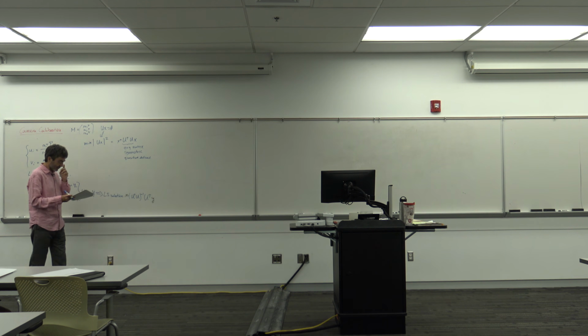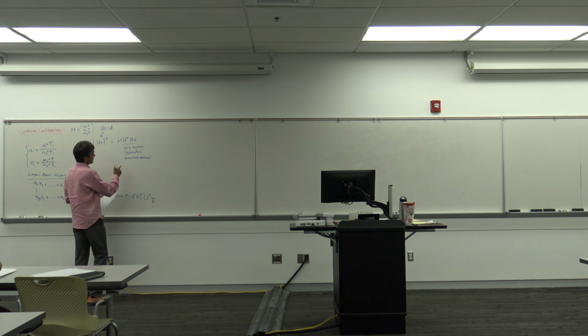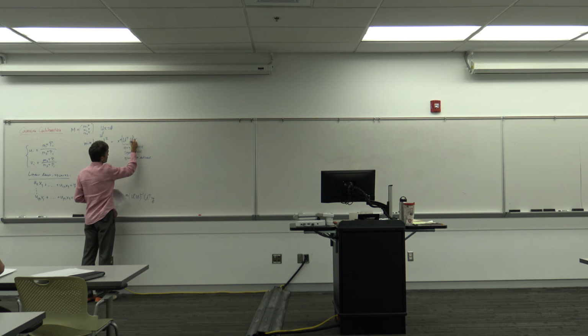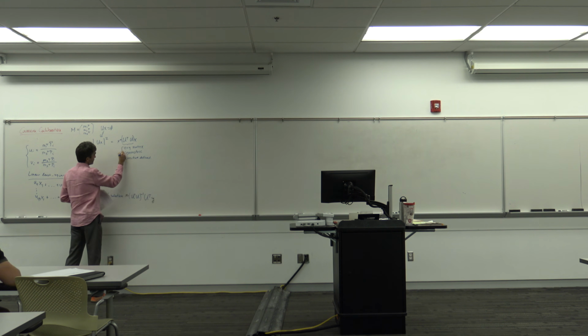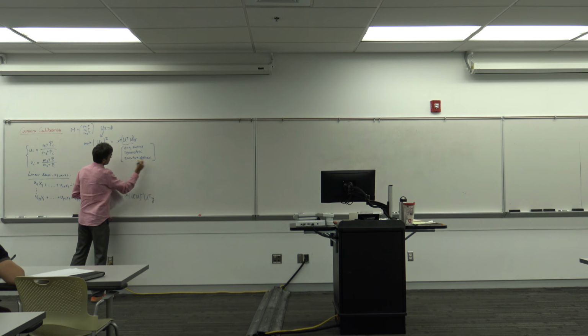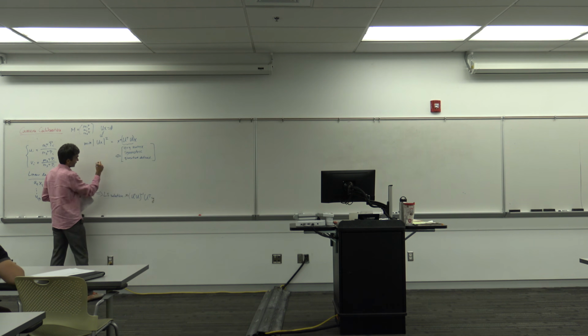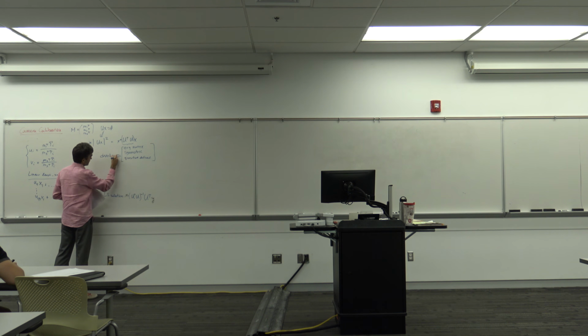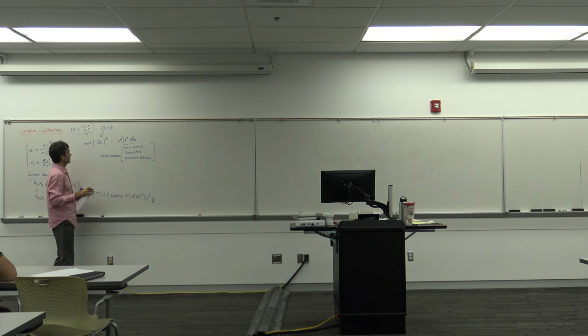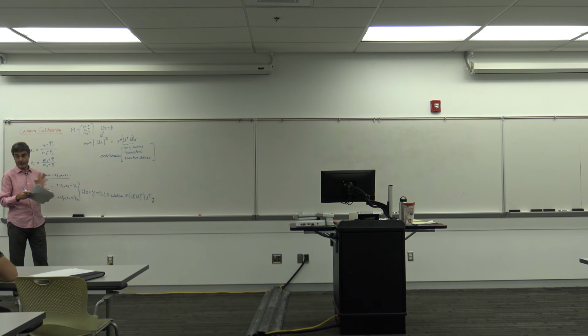So it's also a positive matrix. Now, for those of you that know what this means, that means that this defines a specific type of distribution called a Gaussian. If you don't know that, don't worry about it.